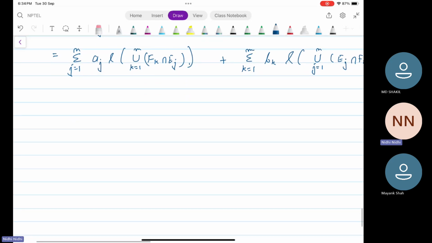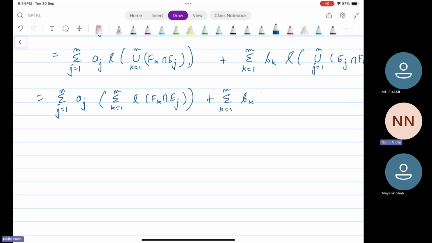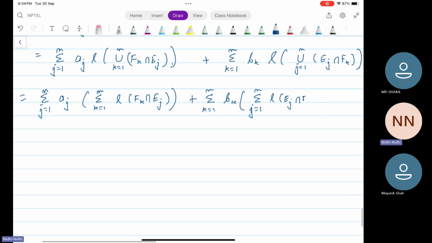Next, I'll write this as equal to summation j from 1 to n of aj, summation k from 1 to m, of the length of fk intersection ej, plus summation k from 1 to m of bk times summation j from 1 to n of the length of ej intersection fk.